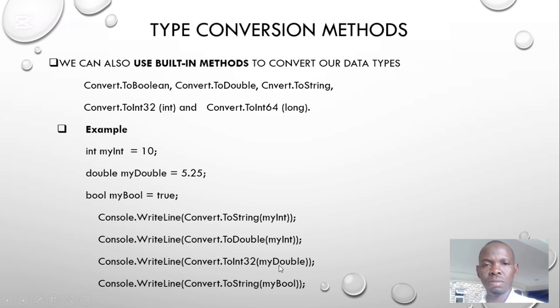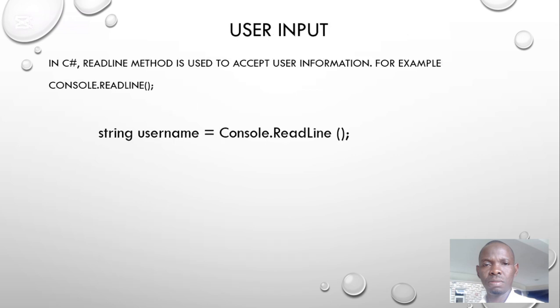If we remember, we said Int32 can handle 4 bytes of integer. So it converts my double to an integer of 4 bytes, and likewise my boolean. These are the examples of the conversion methods.